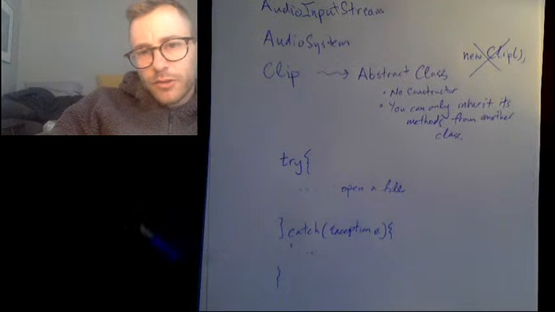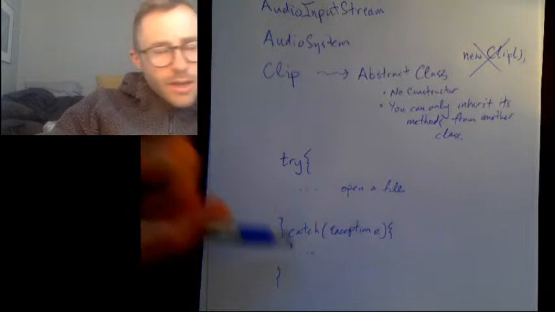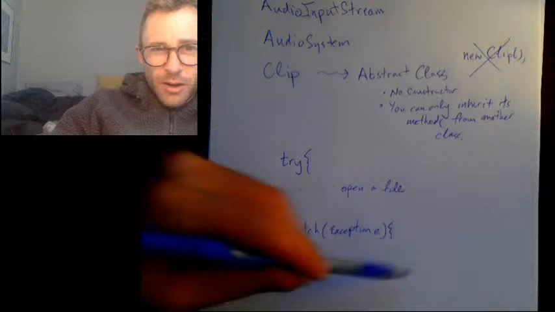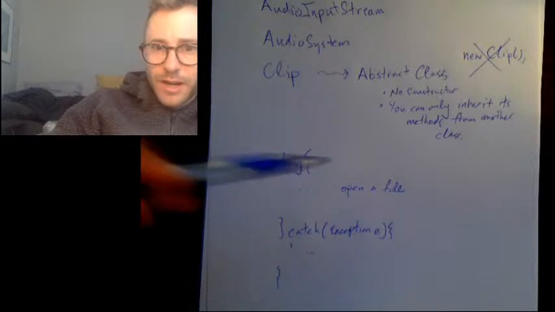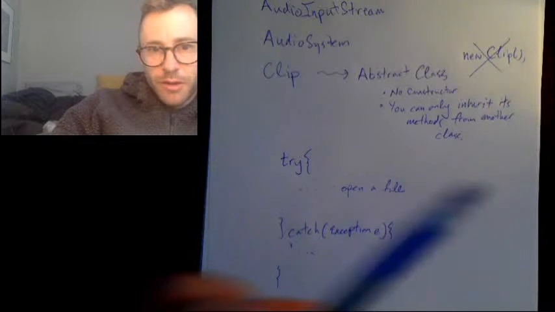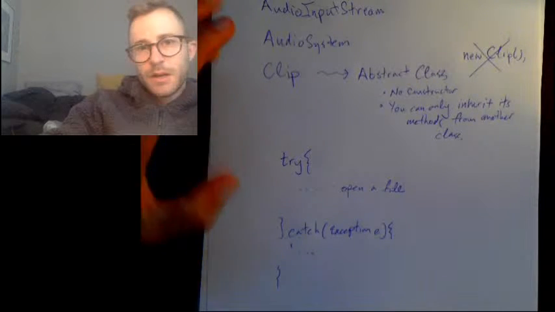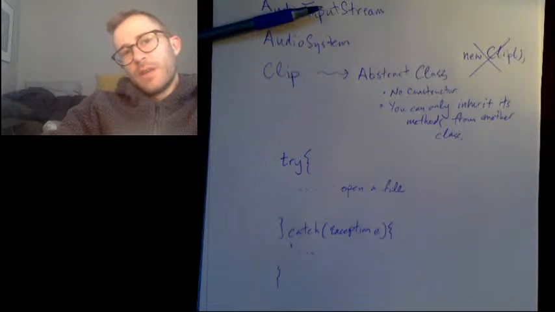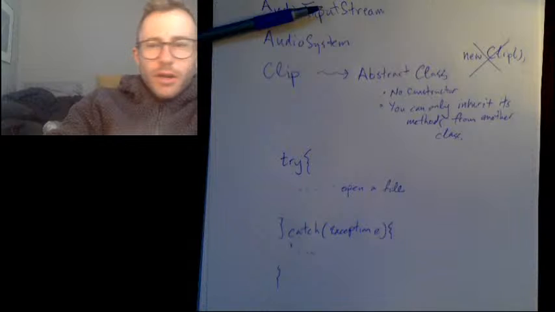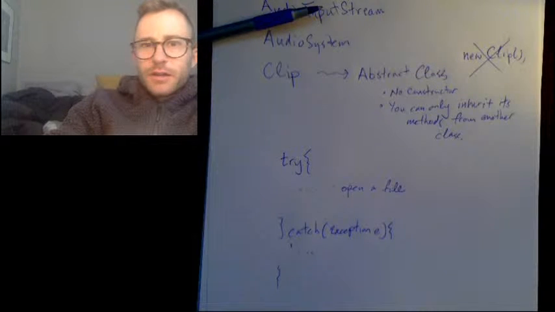So if you open a file within a try-catch block, you don't have to have your method throw an input-output exception. So it's just a different way of handling that. Okay, so I'm going to share my desktop.